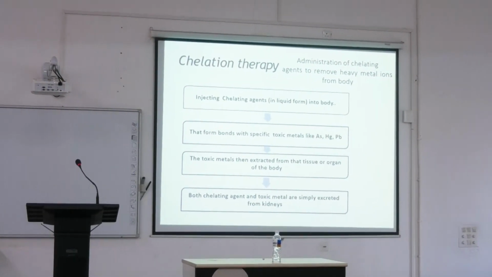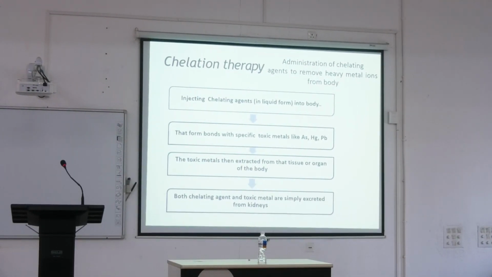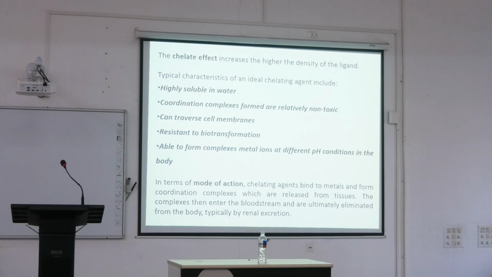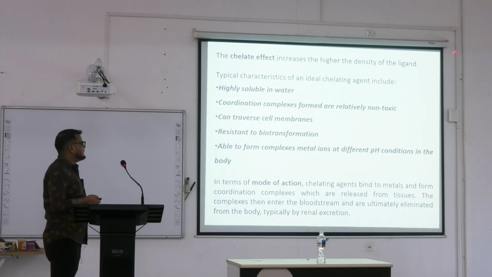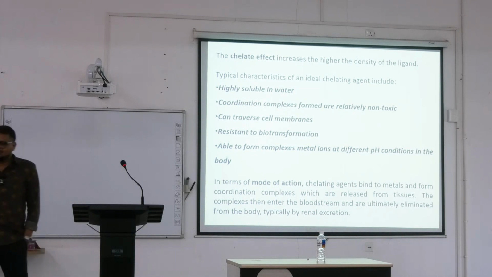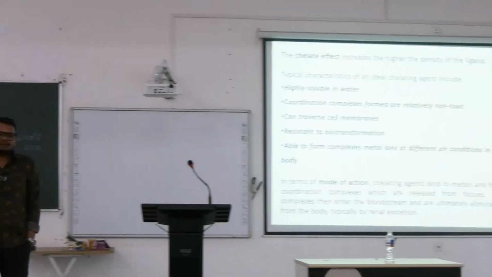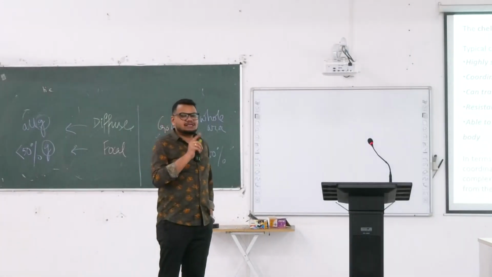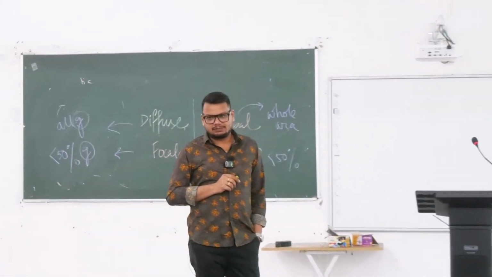So what are the characteristics for an agent to be called a chelating agent? The chelate effect increases with the higher density of the ligand. Typical characteristics of an ideal chelating agent include, this comes as a question, okay: characteristics of a chelating agent.